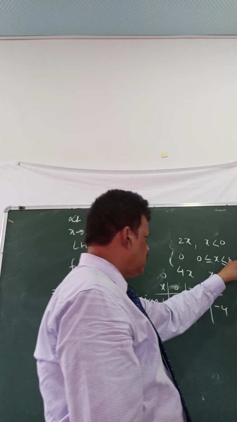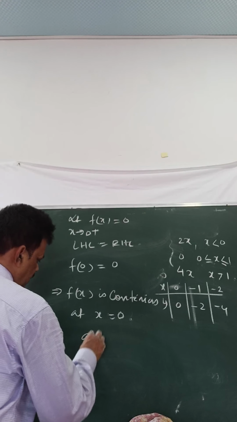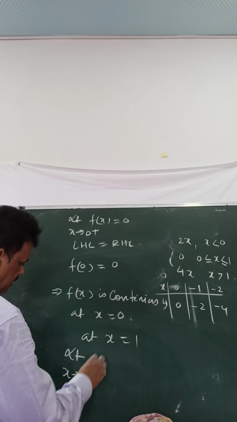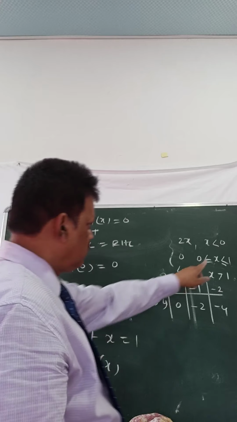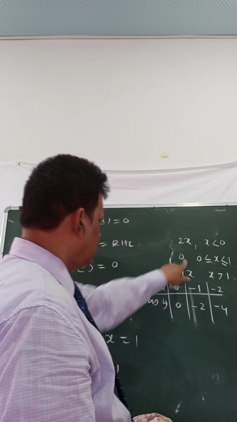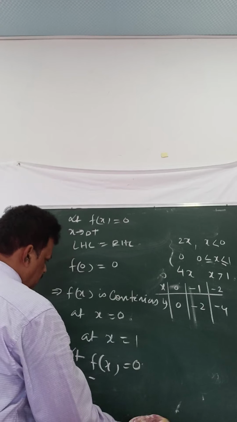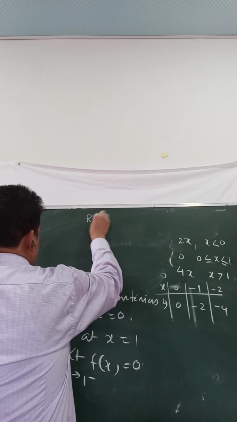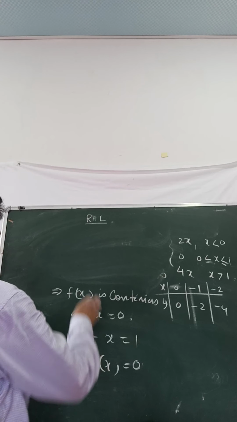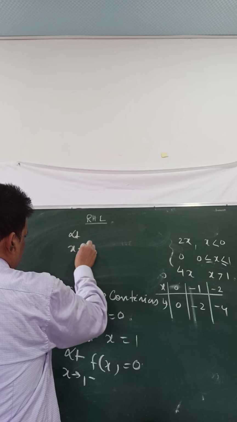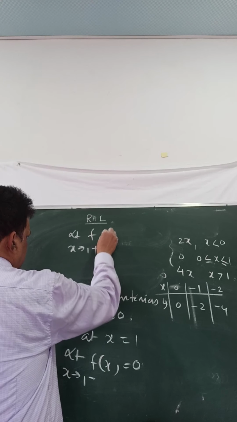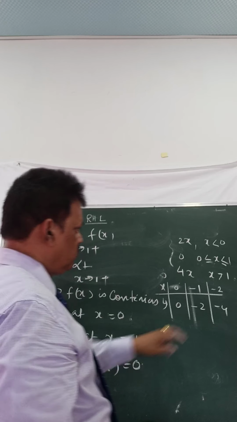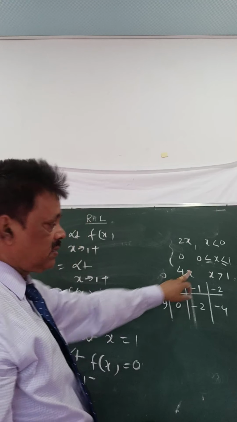Second point, x equals 1. At x equals 1, what is your left hand limit? Limit x tends to 1 minus f(x), less than 1, this is 0. Then the right hand limit, limit x tends to 1 plus f(x), which is 4x.